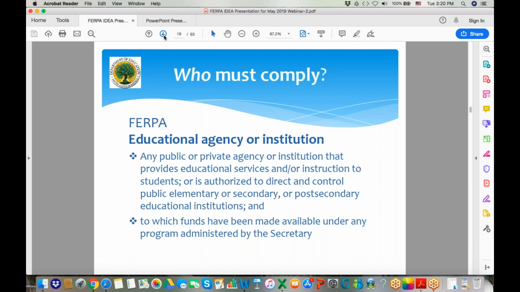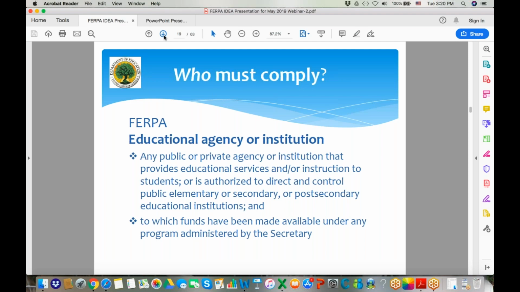We often get a lot of questions, well, what about a private preschool or a private school? And typically, a lot of your private schools, your parochial Catholic high schools or different of that sort, they would not have to technically comply with FERPA because they're not receiving U.S. Department of Education funds.